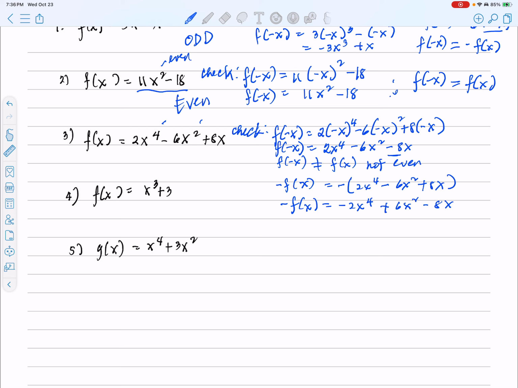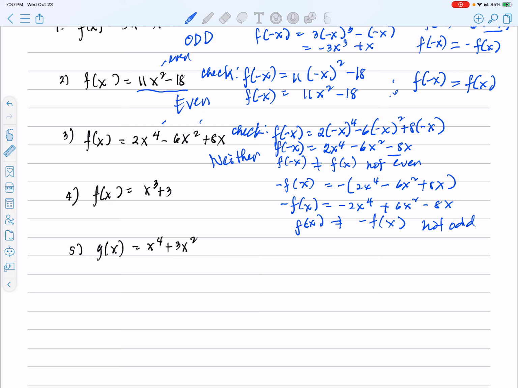That means f of negative x is not equal to the negative of the function of x, so this is not odd. If it is not odd and not even, then this is neither odd nor even.